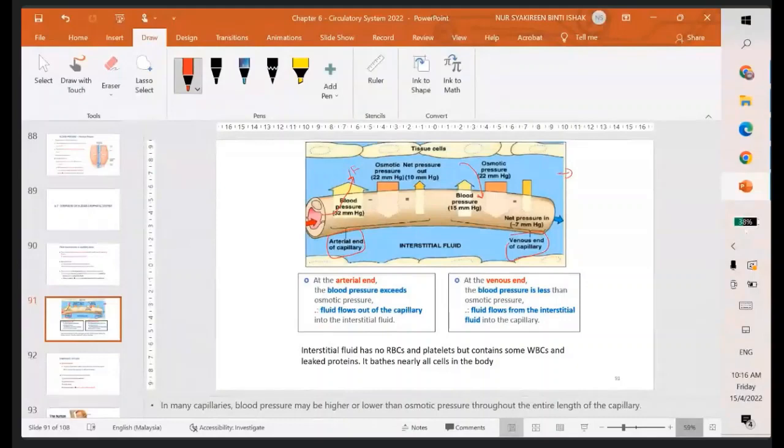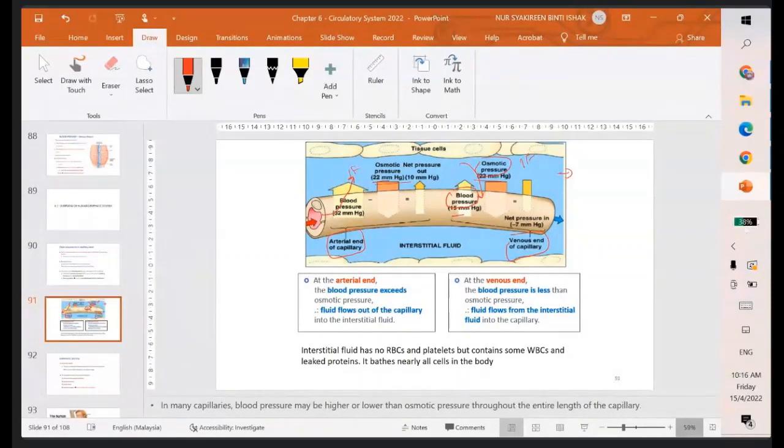At the venule end, as you can see, the blood pressure is 15, which is lower compared to the osmotic pressure outside in the interstitial fluid. Osmotic pressure outside maintains 22, from the atrial end to the venule end.